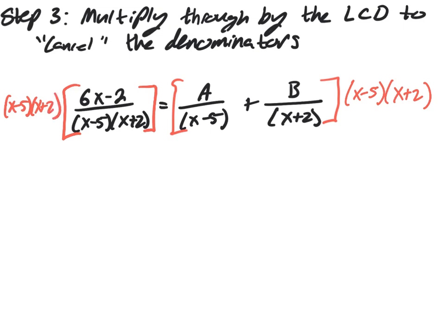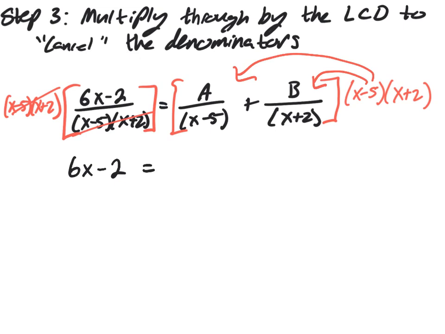Okay, so on the left-hand side, that just nicely cancels out, and we are simply left with 6x minus 2. And then on the right-hand side, something slightly different happens. This has created a distribution problem, and we need to take that least common denominator and multiply it to both terms inside our brackets.